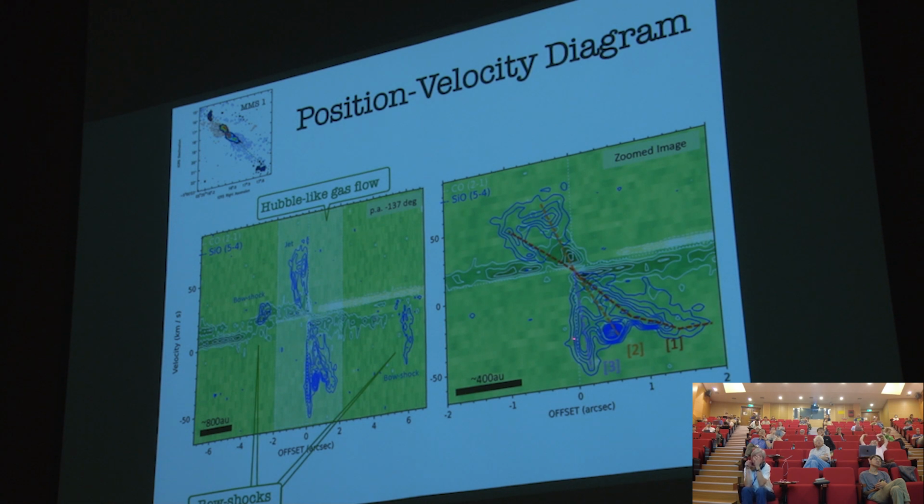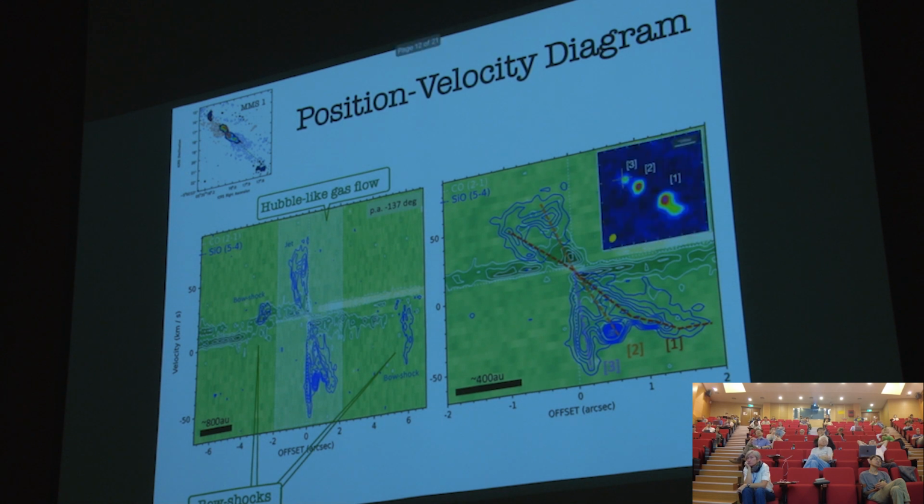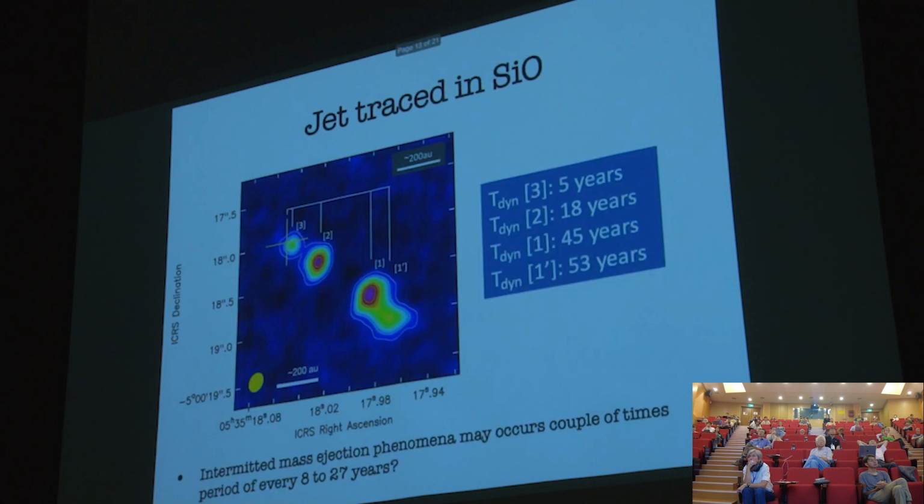Looking at the emission peak, this one is not very clear, but somewhere here, at the edge, this part corresponds to the part not detected in SiO. This is the southwest part of the jet. So each ejection corresponds to a historic event associated with the SiO.